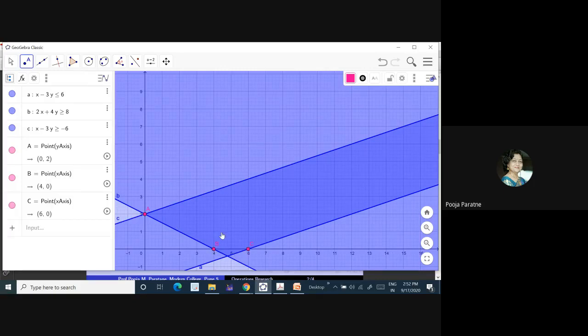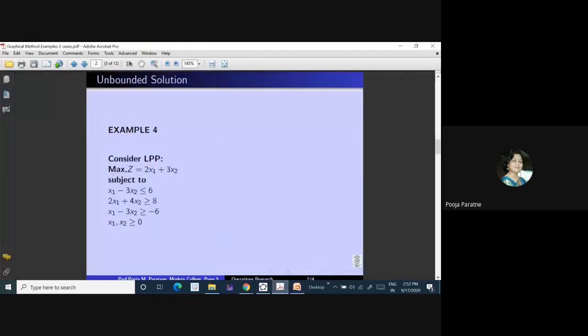And now if you observe, this whole region is going to infinity, and this is the common feasible region. So it is not the case that we are not getting a common feasible region. We are getting the common feasible region, but this region is unbounded. Now let us check what our objective function is. Our objective function in this example is maximization, right?